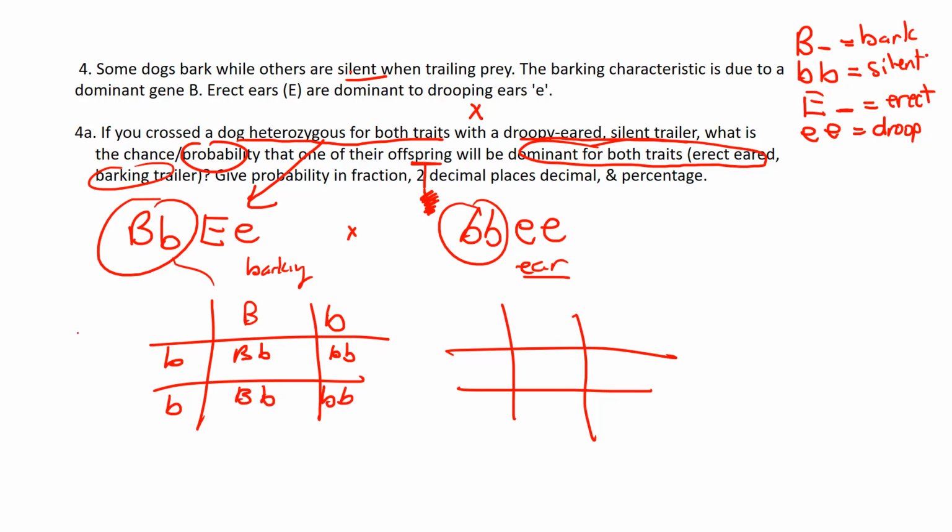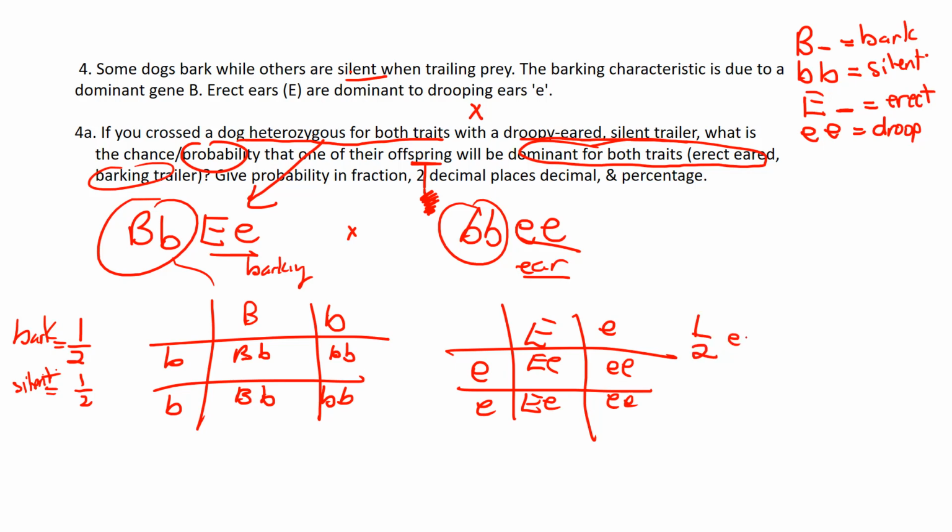Okay, so let's just put this over here. 1/2 is going to be bark, and 1/2 is going to be silent. Okay, do that for the other parent here as well. Capital E, little e, little e, little e, and you're going to see it's a 50-50 as well here. So 1/2 is going to be erect, and 1/2 is going to be droopy.